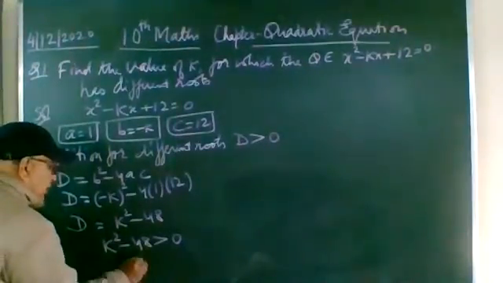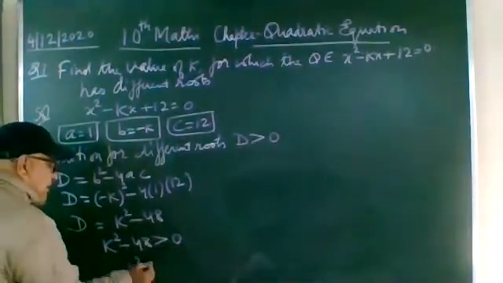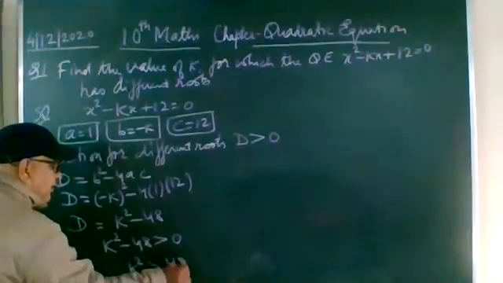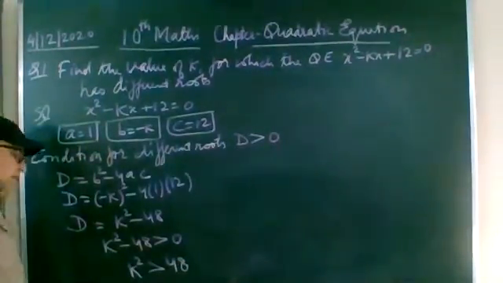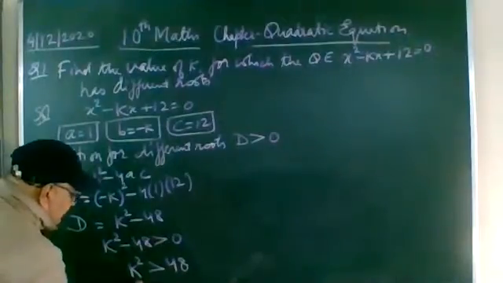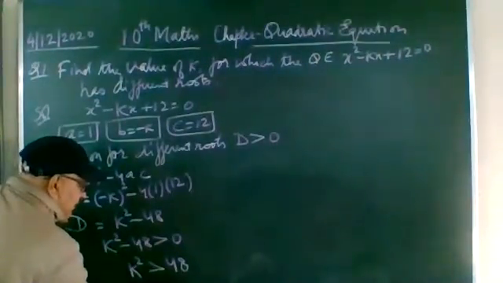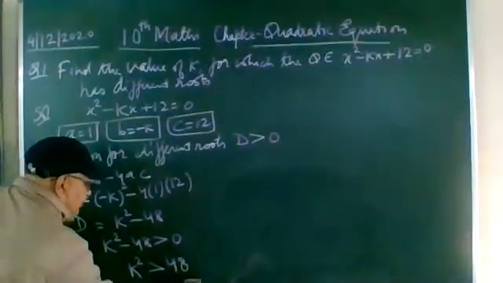So k square, this minus 48 will become this, then you will have k square is greater than 48. Now k greater than plus minus square root of 48.